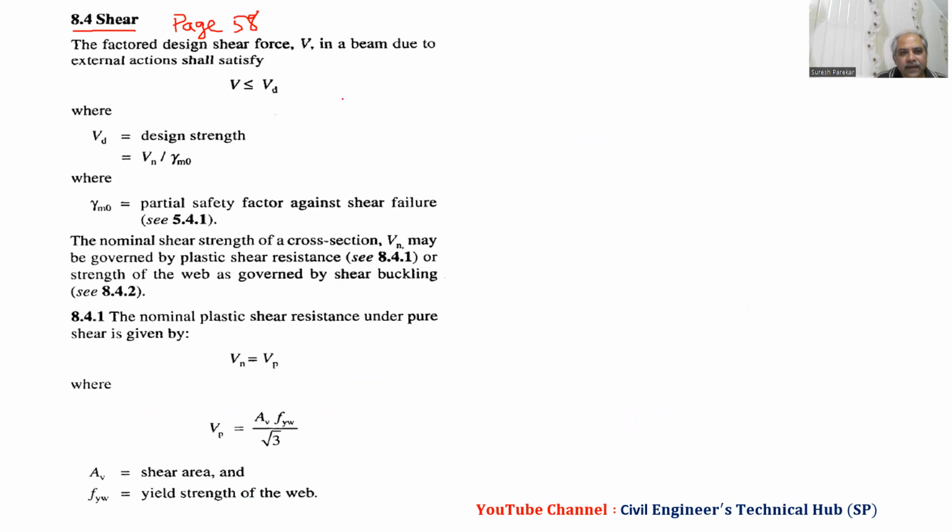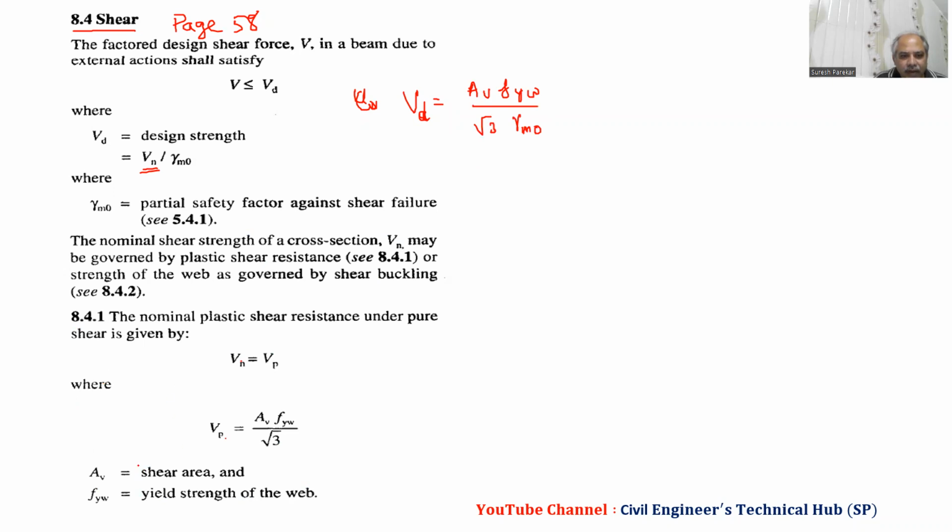You can see VU is equal to, over here, VP is Vn, and Vn upon gamma m. So we have VD equal to AV FYW upon root 3 gamma m.